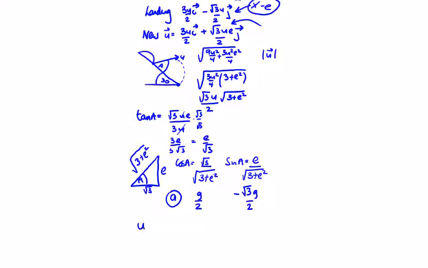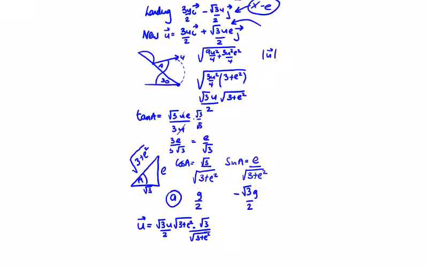So if I set up my new vector, it's going to be u cos a, so root 3u over 2 by the square root of 3 plus e squared times the cos of a, which is root 3. Now we can see here we're definitely on the right track. The square root of 3 plus e squared is going to cancel for us.